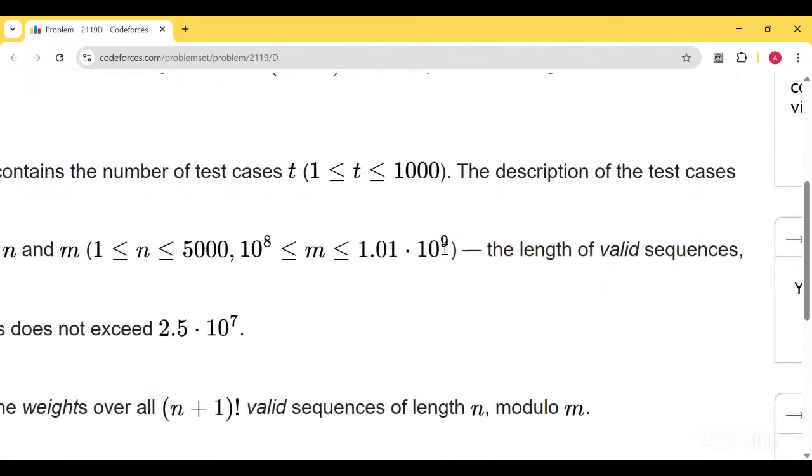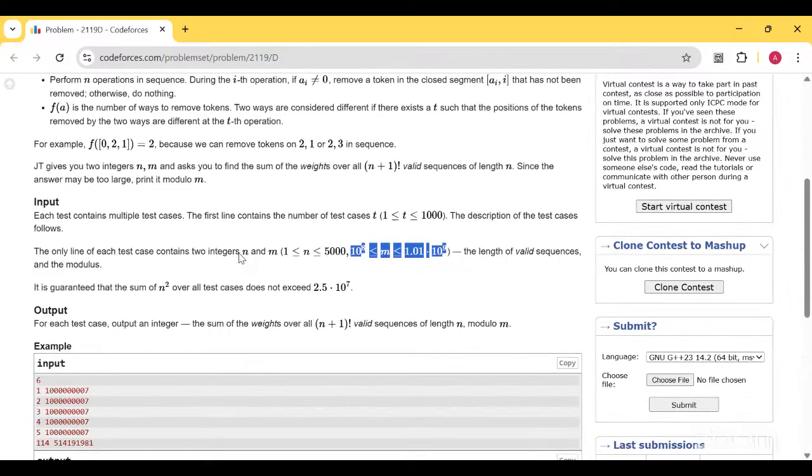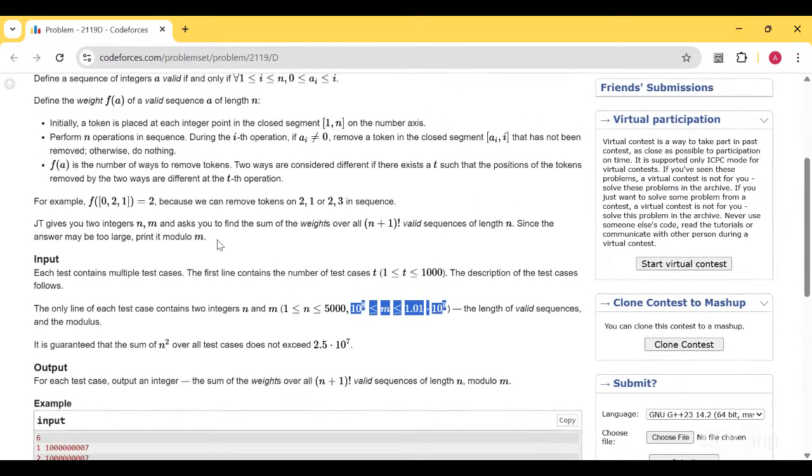So do you know why the modulo is parametric, not fixed? What is the purpose?